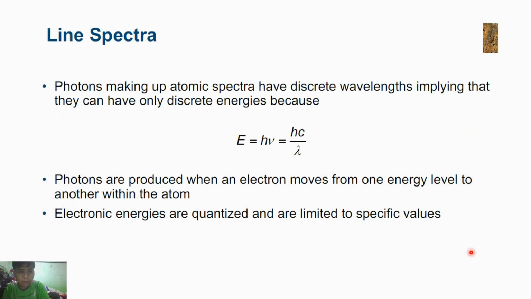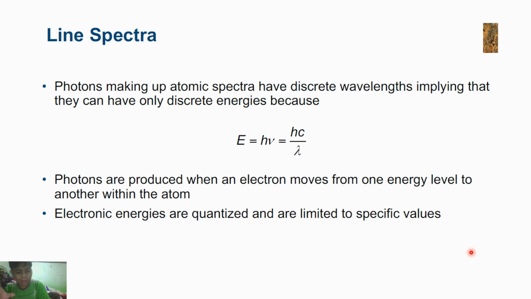The line spectra, the photons making up atomic spectra, have discrete wavelengths, implying that they can only have discrete energy because of that formula. When we say discrete, it must be specific. It cannot be 1.5 or 2.5 or 3.5. It must be specific, a whole number. It is not a bungkig, in the Bisayan term. Later on you will know this, okay?